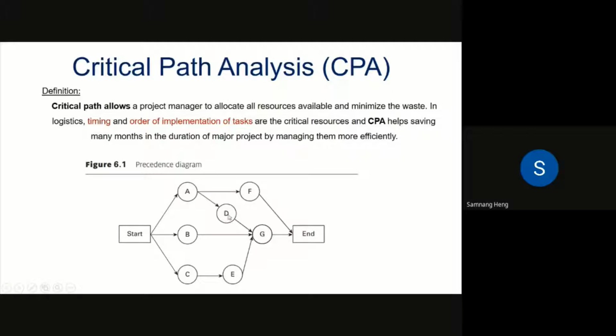And task D, let's say, for example, the interior designer, for those who design inside the building, like decoration or whatever. So the decoration people can't get their job done unless the building has been constructed. You know what I'm saying? Let's say task F is installing the internet or installing the camera.